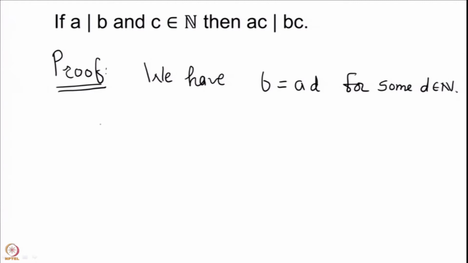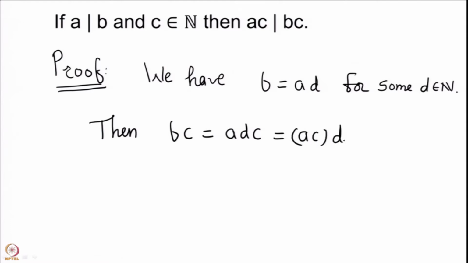Now, to this equation we can multiply by C. So, we have BC equal to AD into C, which is same as AC into D.